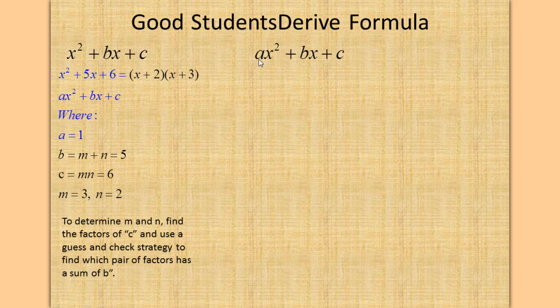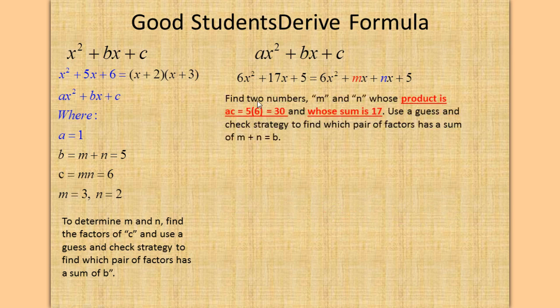Now we have a is not equal to 1. So what we'll do is we have 6x squared plus mx plus nx plus 5. And now we need to find two numbers, m and n, whose product is equal to a times c, which is 5 times 6, which is 30, and whose sum is 17.